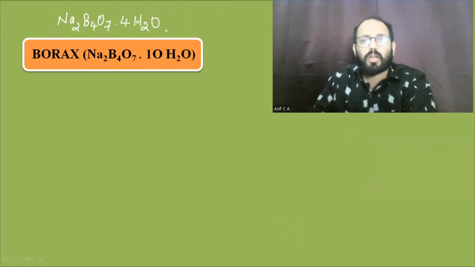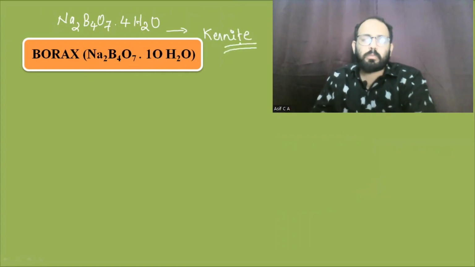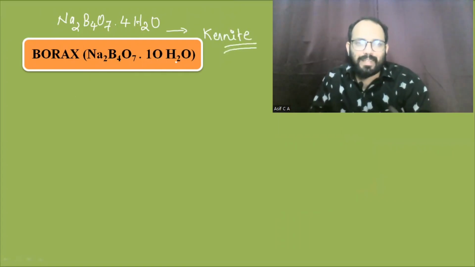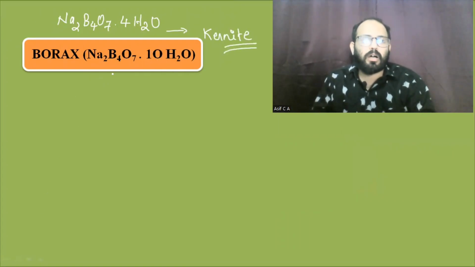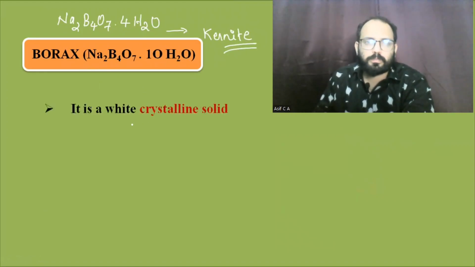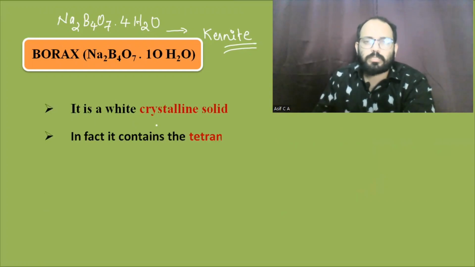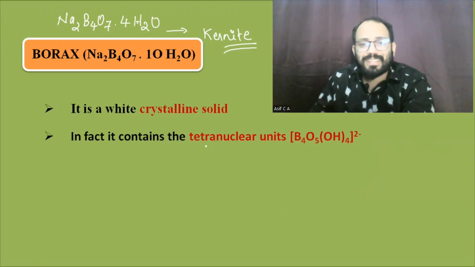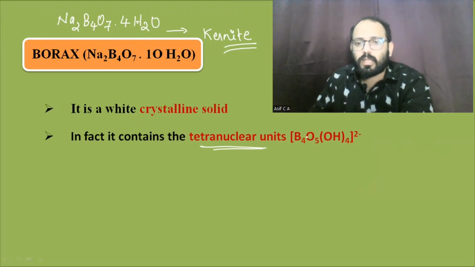This is what we call kernite. Just remember, don't confuse it with that. If it is 10H2O, we can call it borax. Otherwise, 4H2O is kernite. Borax is a white crystalline solid, and in fact it contains tetranuclear units. Look at that. It contains tetranuclear units [B4O5(OH)4]2 minus.